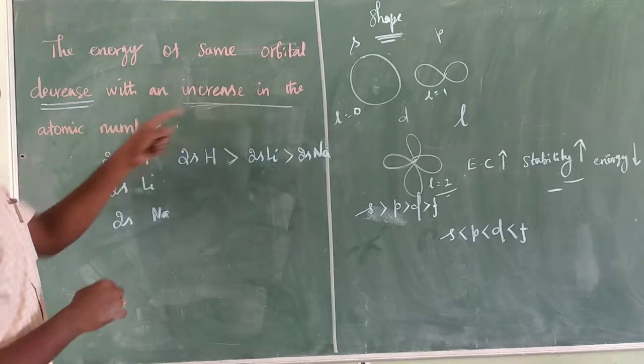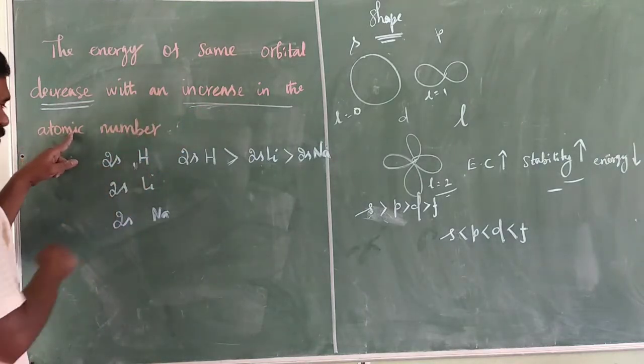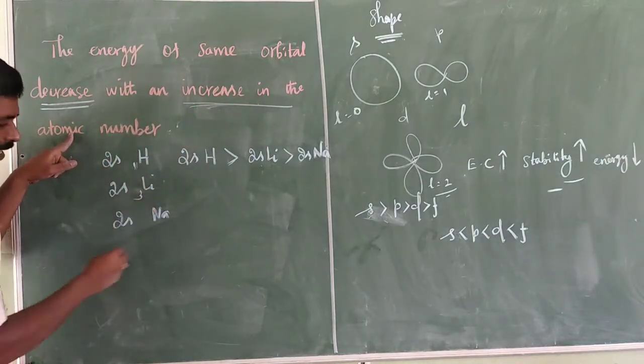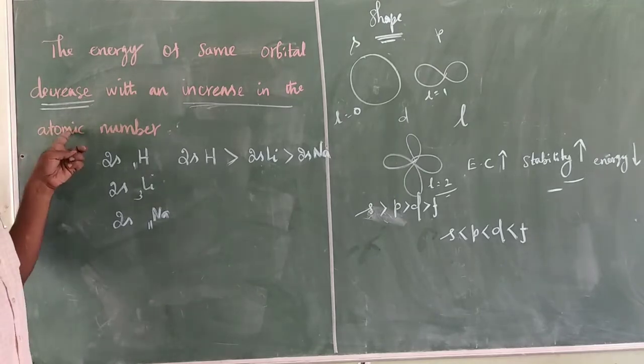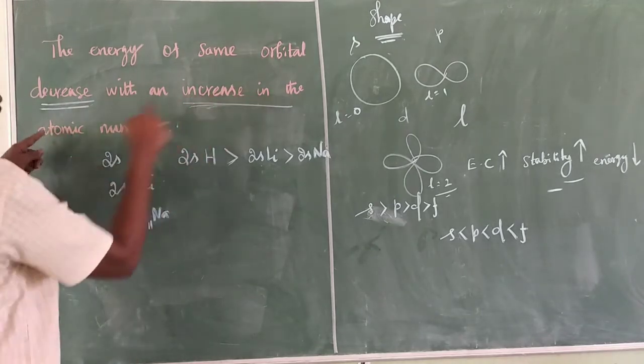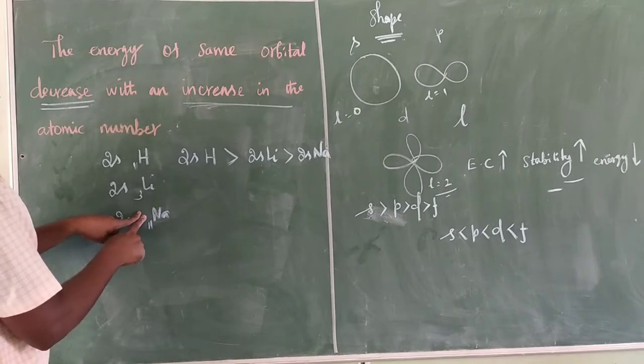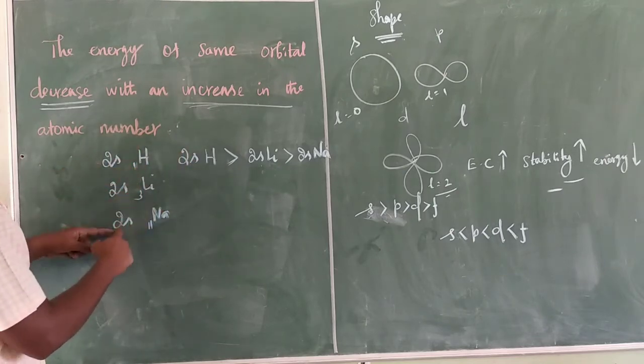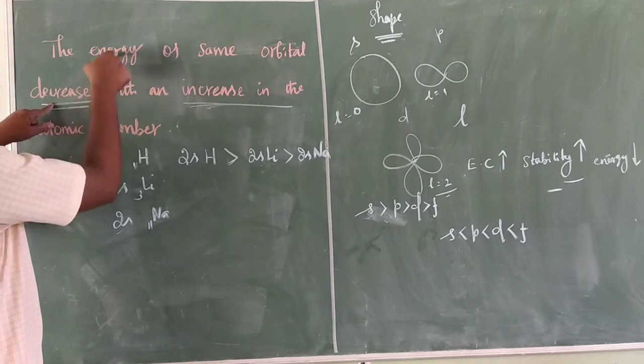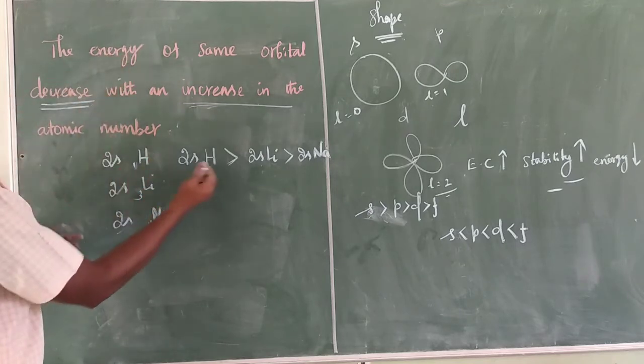With atomic numbers 1, 3 and 11, increasing atomic number in the same 2s orbital decreases the energy.